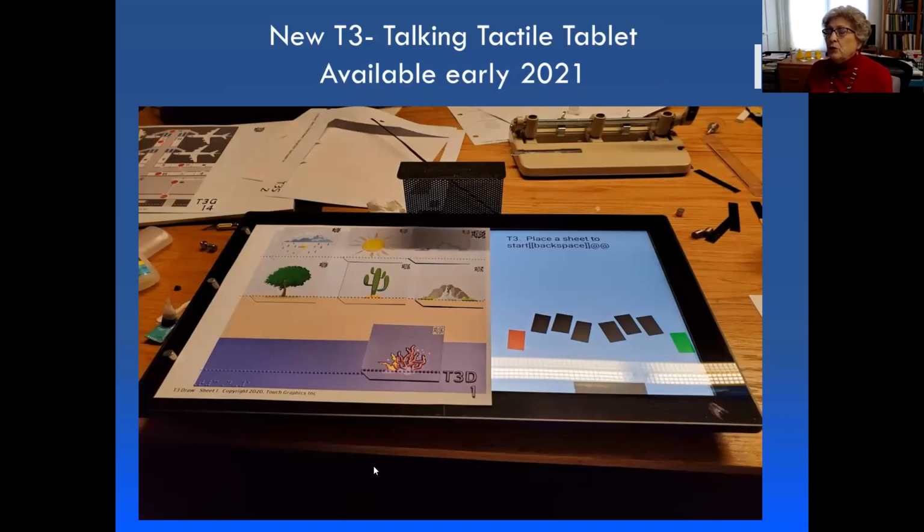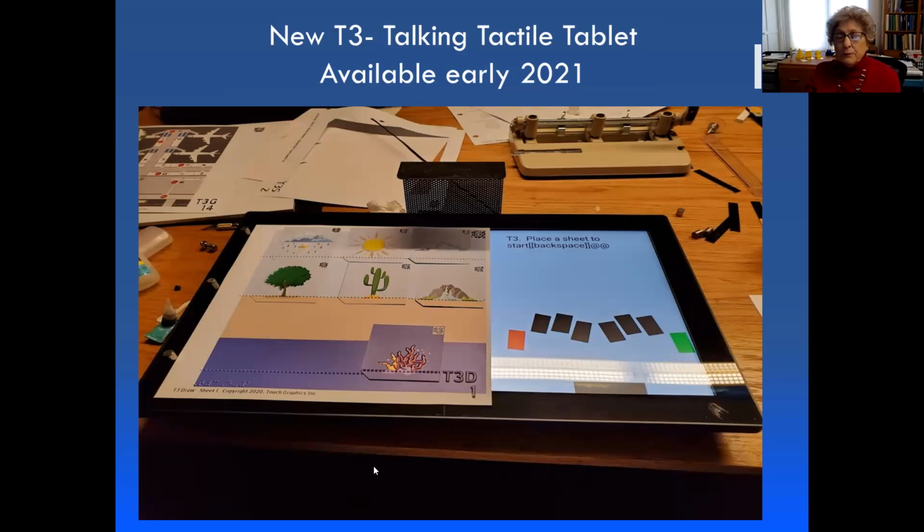Okay, this is the new Talking Tactile tablet that should be available early in January. Right now, a grant was awarded for working on tactile skills for older people who've lost their vision, because having some tactile skills is important.